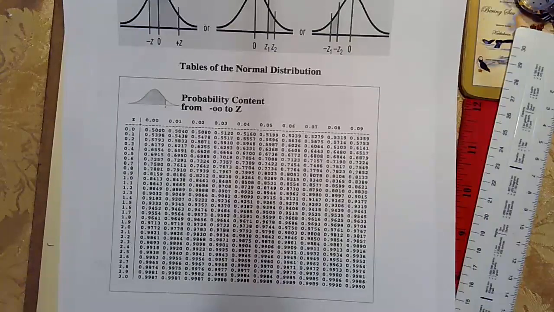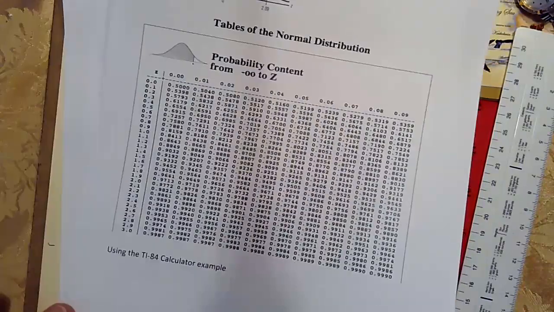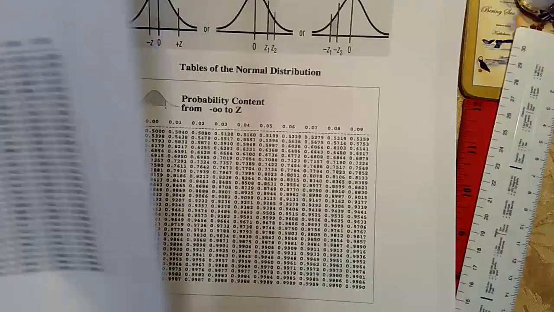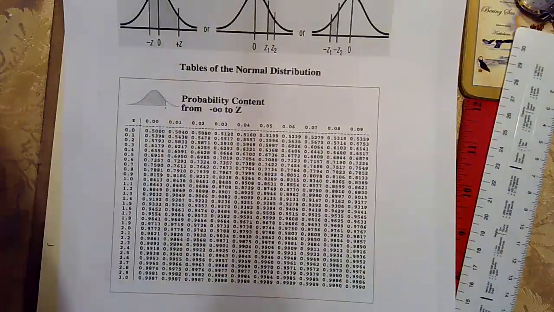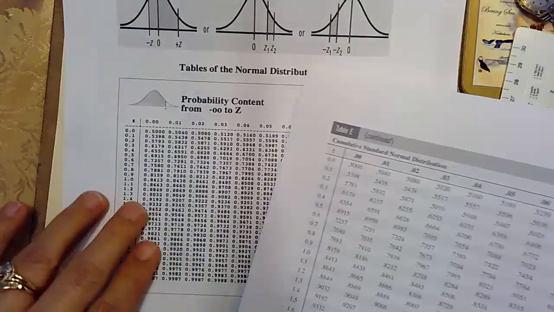Now in your workbooks, it was nice how they put a table in there, on pages 143 and 144, but they put in only the positive tables. It would have been nice if they had given you the positive and the negative. The positive table should be the same; it's a standard normal.